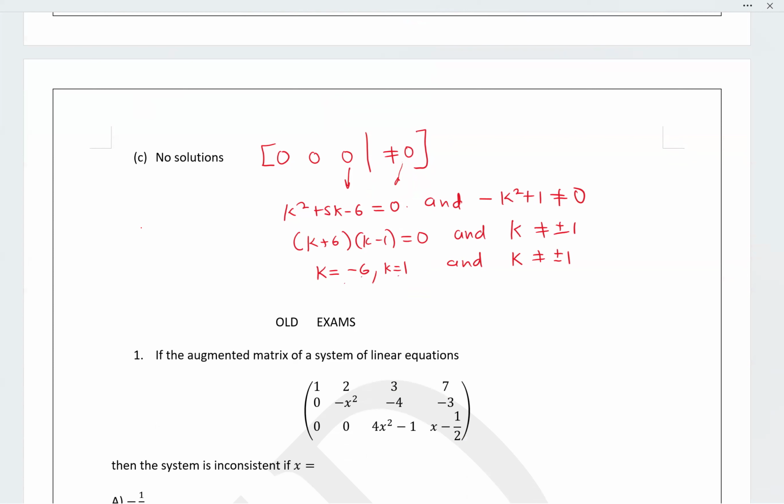But k cannot be plus or minus 1. So k cannot be 1. So your k just has to be minus 6. Because these two conditions need to be satisfied. This one is saying minus 6 and 1. And this one is saying any k except 1 and minus 1. So the only k that is possible is minus 6.